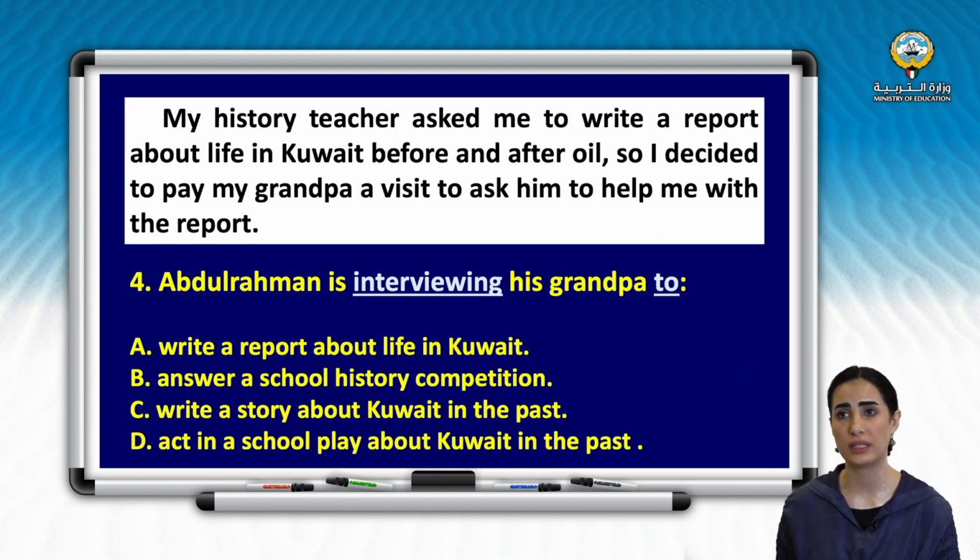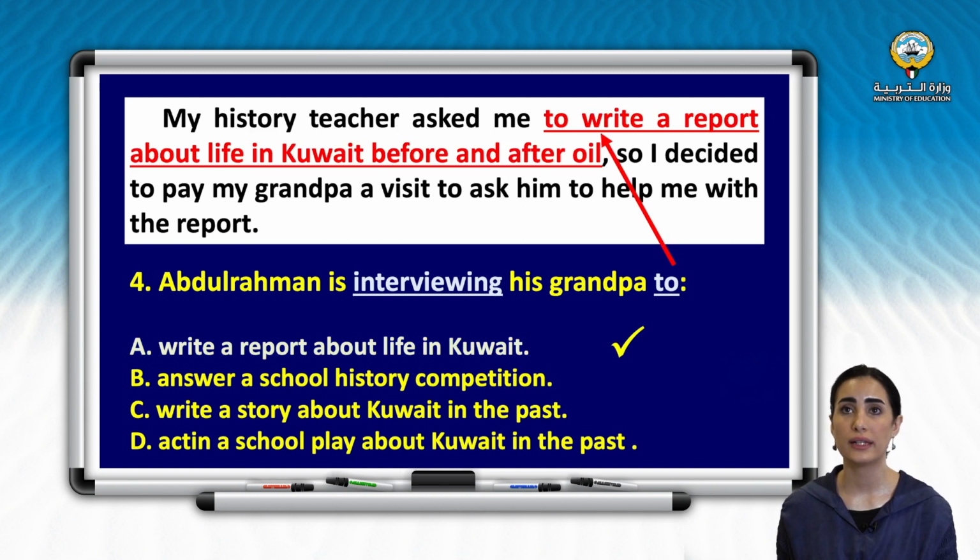So why was he interviewing his grandpa? What was the main idea of the dialogue? So we can see the underlined sentence here that gives us the clue here is to write a report about life in Kuwait before and after oil. So the answer here is A.